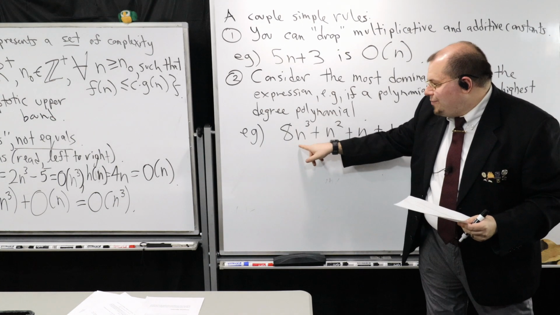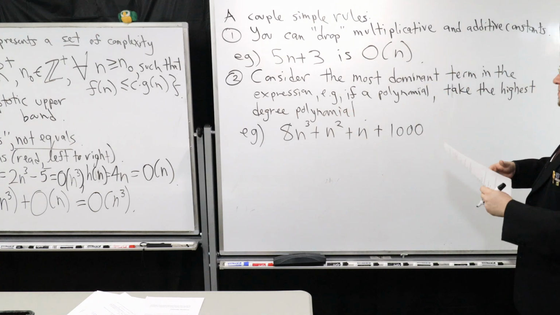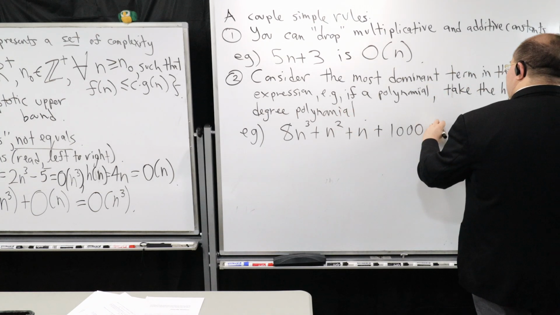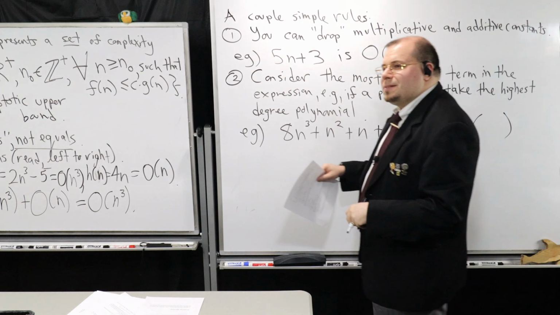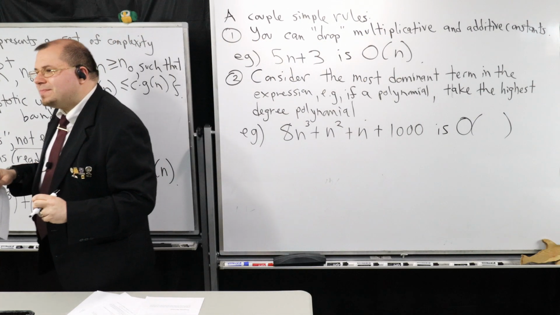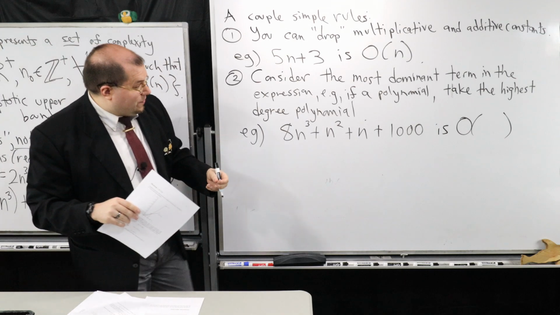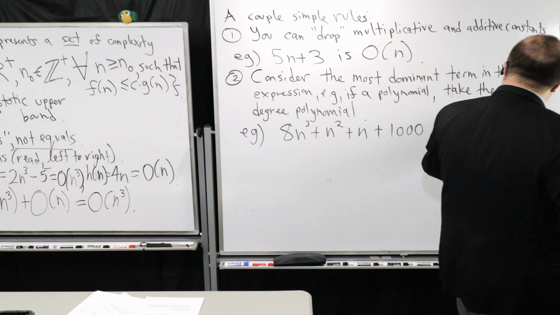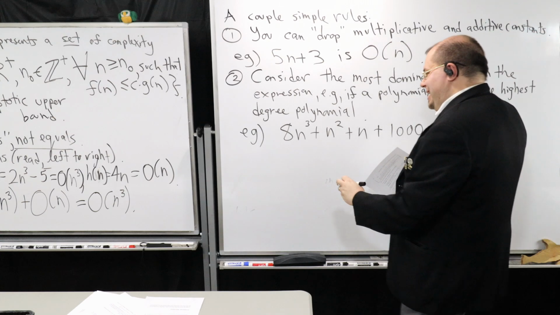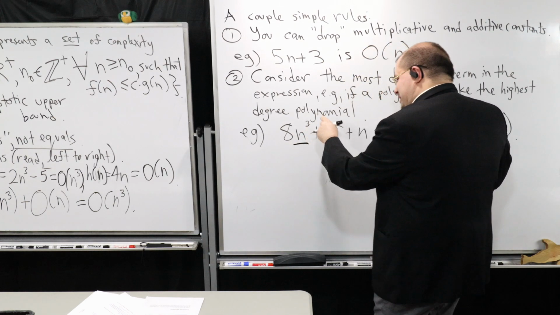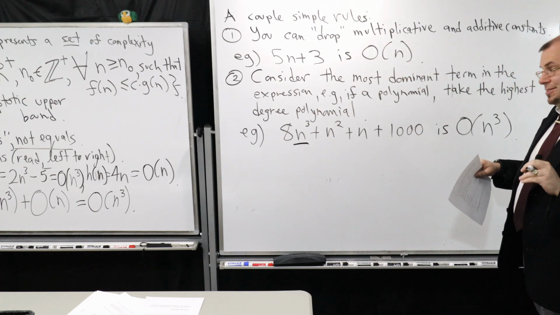The fact there's an 8 in front of the n cubed doesn't really matter. So can somebody tell me what the big O is for this? It's n cubed. This is a cubic function. The reason is that this is the most dominant term. Look, it has the largest exponent.